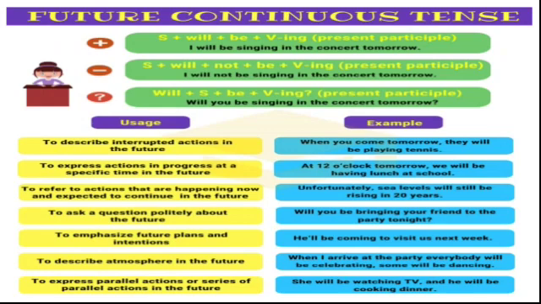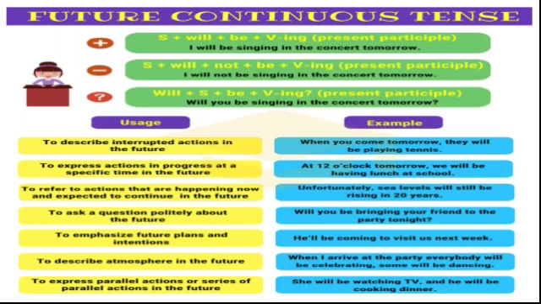To express action in progress at a specific time in the future. Okay, to express some action that is in progress at a specific time, and at a particular time in future. Okay, right, at 12 o'clock tomorrow we'll be having lunch at school. Okay, so this is where we use this tense.